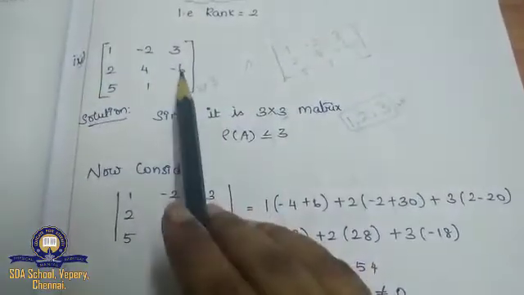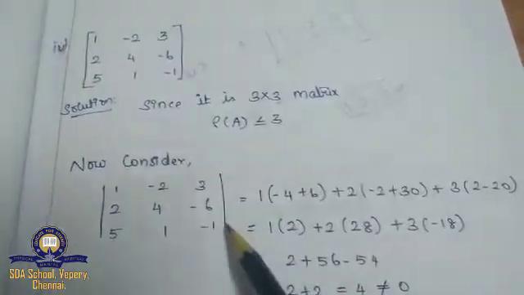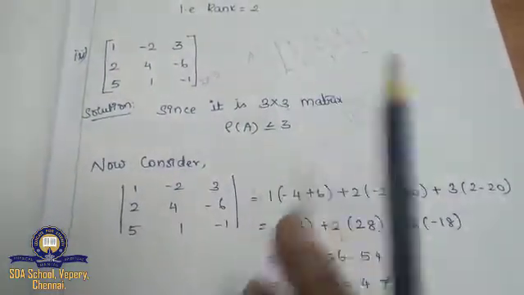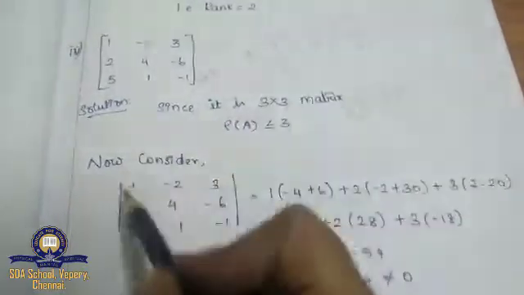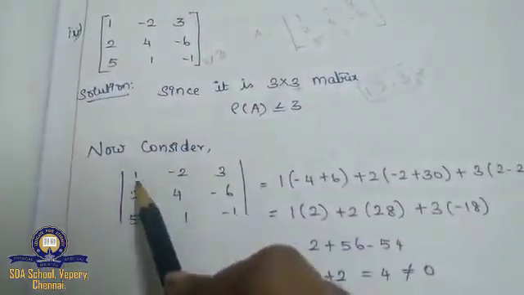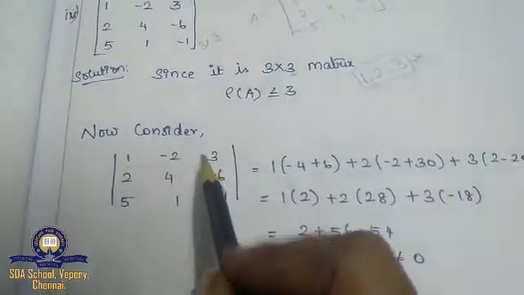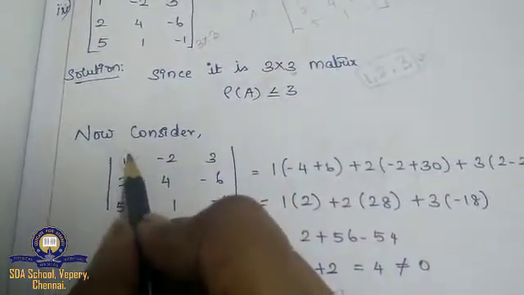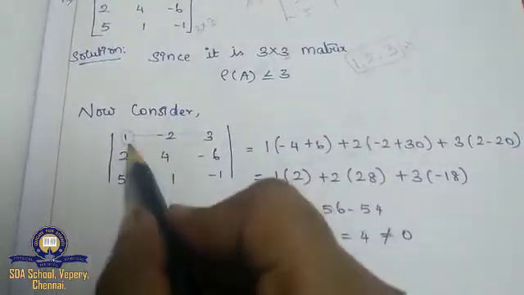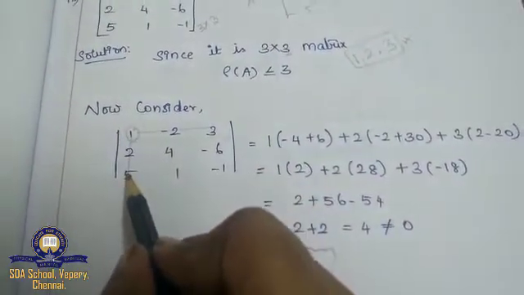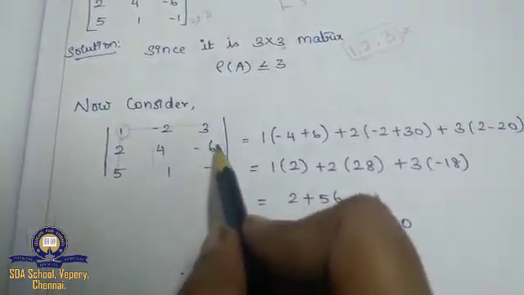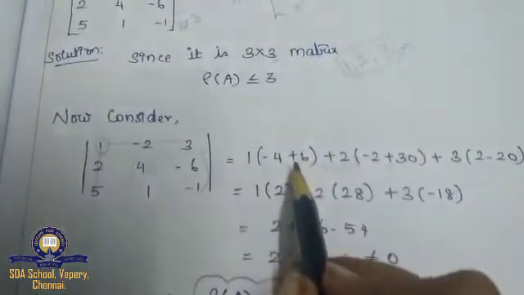Now I'm going to take the determinant value. Since this is a 3 cross 3 matrix, there are 3 values, right? So I'm going to take the first row alone. If I take the first row alone, we have to find the determinant. If I take 1, I've written here 1. The corresponding row and column will vanish away. What is the remaining part? 4, minus 6, 1, minus 1. I've done it directly because we have done so many sums, right?